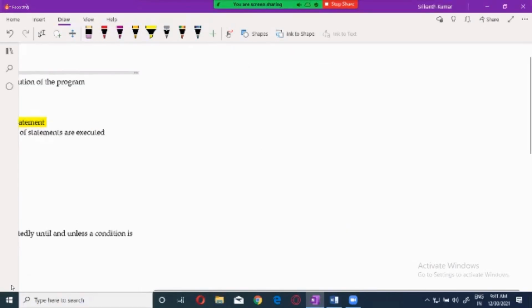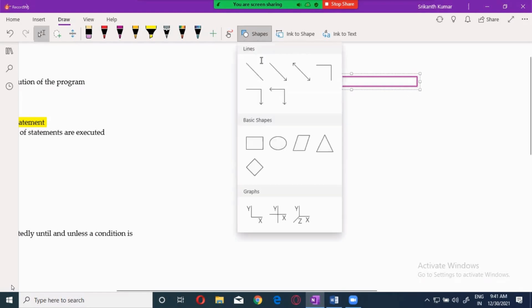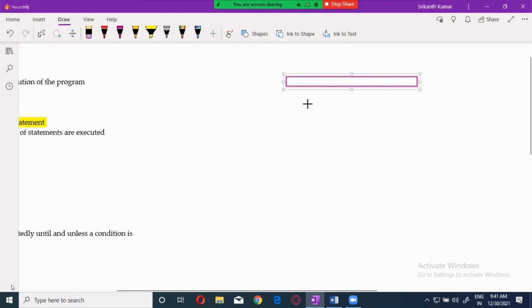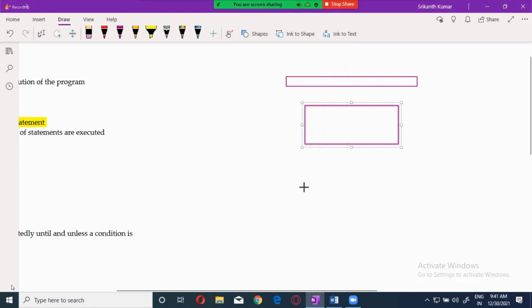This is the condition over here. Simple. Just see this. Based on the condition, there will be one block that will be executed. If this condition is true, this block will be executed. If this condition is false, this block will be executed.